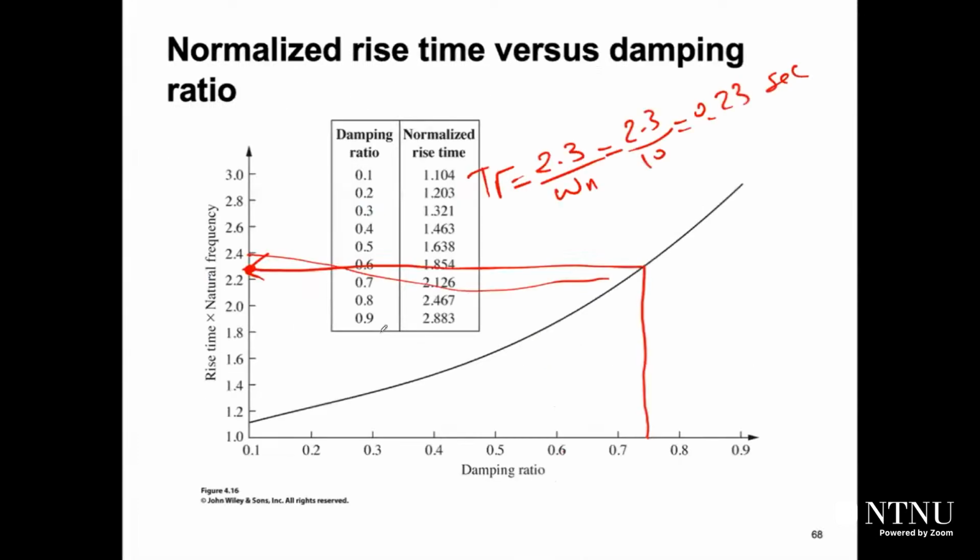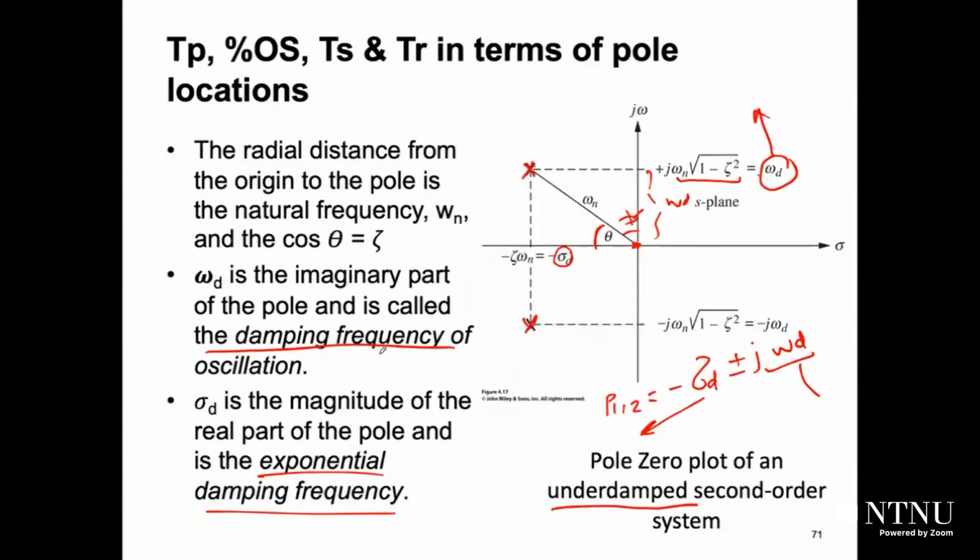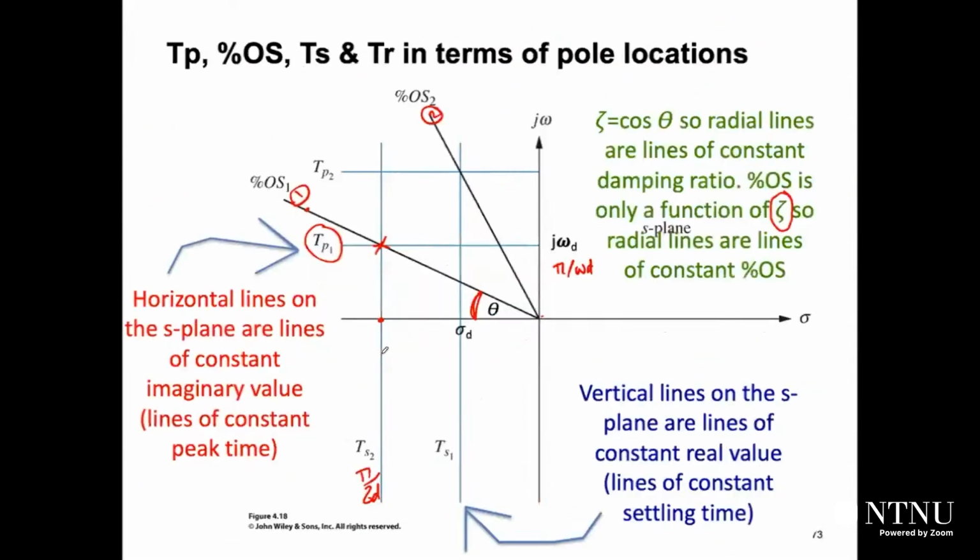So this radial line is a line with constant damping ratio, and if you move across it, you will have the same percentage overshoot. This line has a fixed percentage overshoot, and this line also has a fixed percentage overshoot, because it is a function of zeta, and zeta is cosine theta.